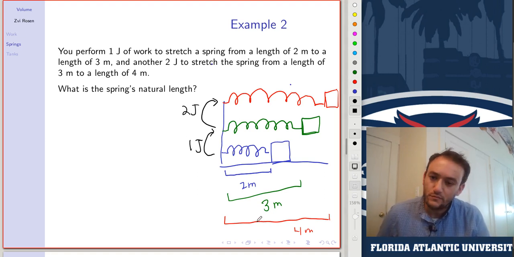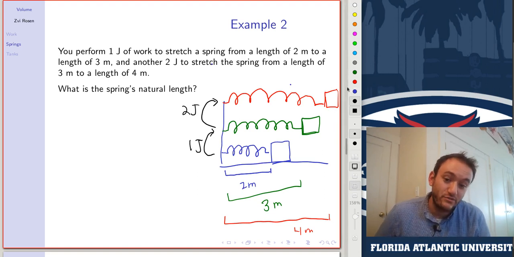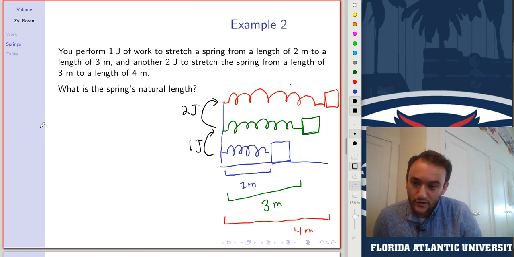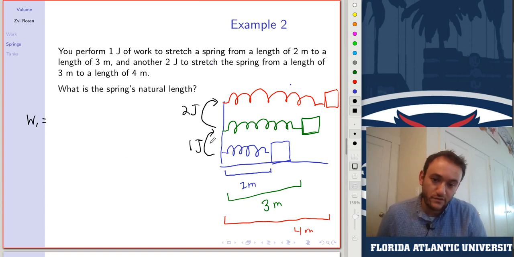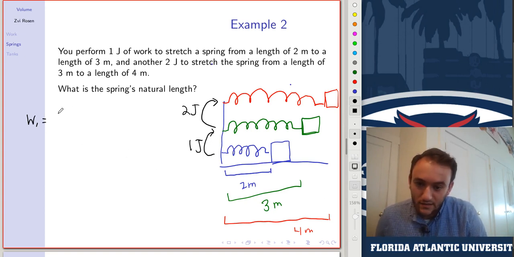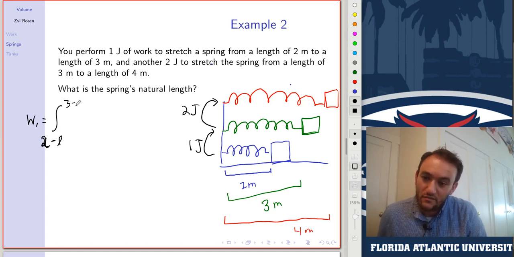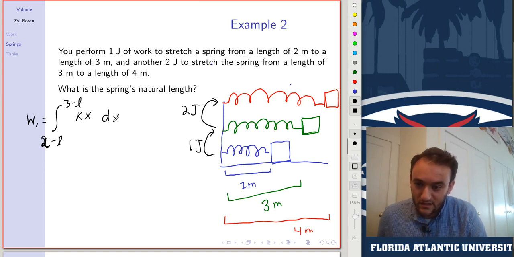So let's write down the relevant equations and see if we can extract some meaning here. The work for the first transformation is the integral starting at 2 meters, so it's 2 minus the natural length, let's call that L, up to 3 minus L, and that's equal to the integral of kx dx.